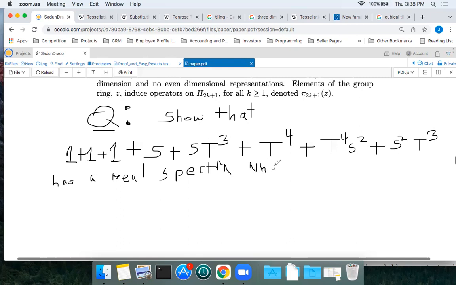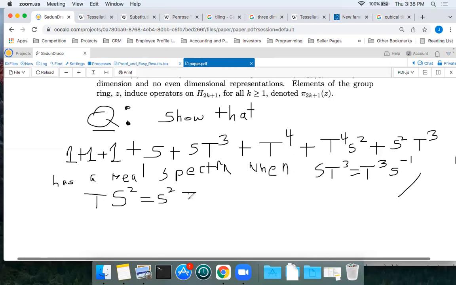So S and T are just free except for these relations: S T cubed equals T cubed S inverse, T to the 4th, T S squared equals S squared T inverse, and then S to the 4th is 1. So this is a rotation by pi over 2. So this equals 1, and T to the 6th equals 1, okay?